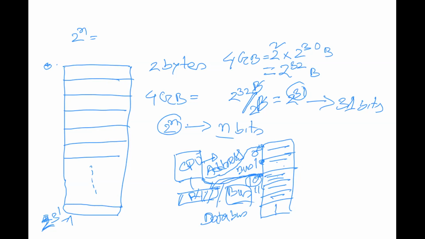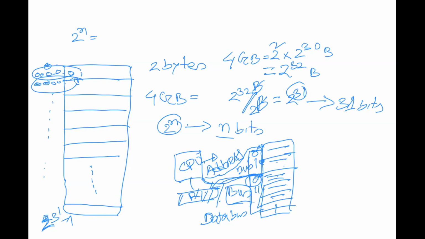Very basic things. Now you can see there is a set of addresses, which is very big, with 31 bits each, then 0, then 1 for this address, and so on. This is the kind of address for your 4 GB RAM if your word size is 2 bytes.